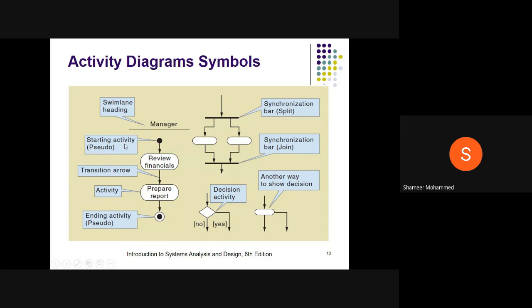It represents the beginning of the activity, start. This is the rounded rectangle. It is nothing but an activity. So from this activity, you are moving to this activity and you are connecting them with the help of this arrow mark. That is nothing but transition, change of state.